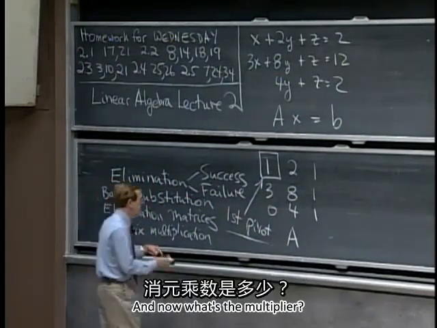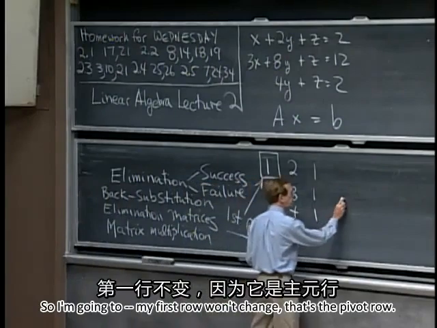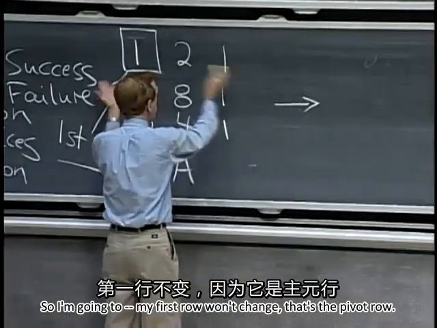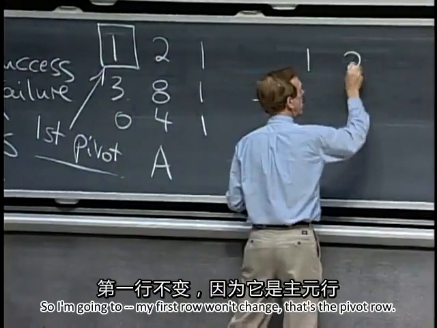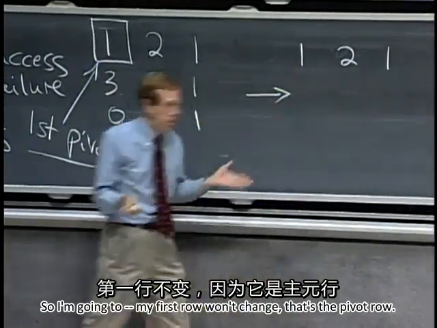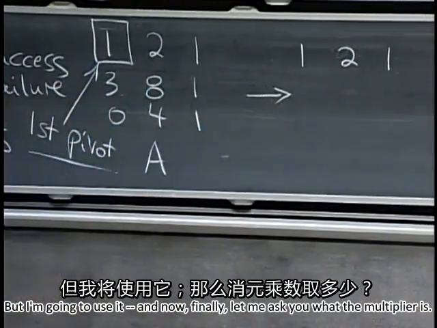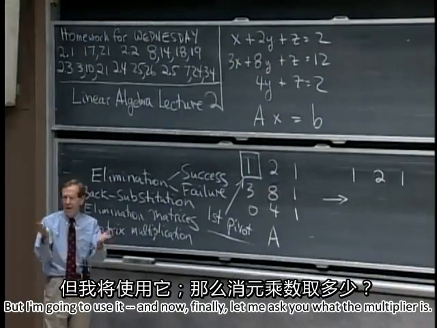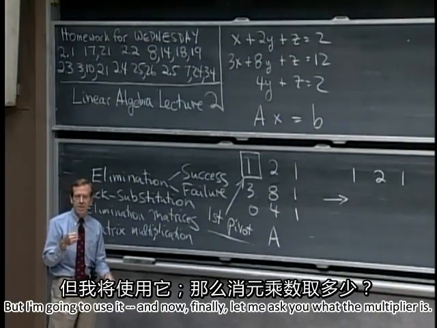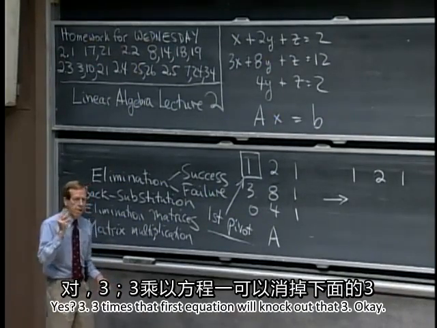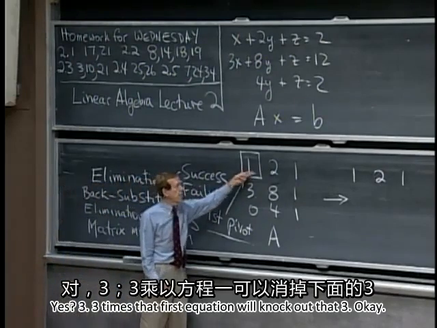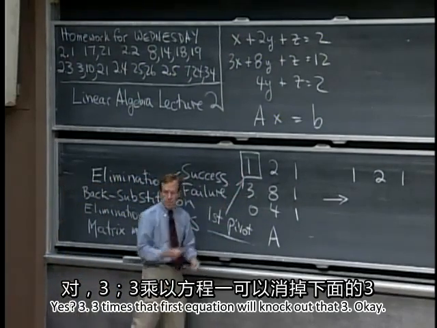And now what's the multiplier? My first row won't change, but that's the pivot row, and I'm going to use it. Now finally let me ask you what the multiplier is. Yes? 3. 3 times that first equation will knock out that 3.